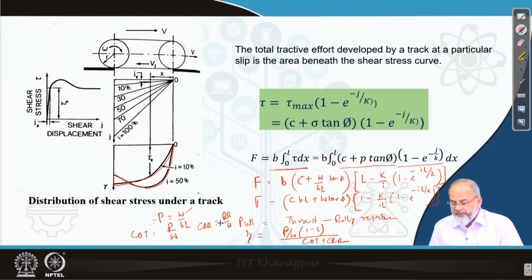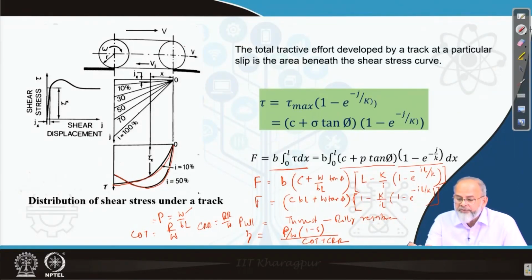Now, if you look at this equation, it is the length that controls the thrust force. If you have the same contact area, one having a higher length and lesser width, the other having a wider width and lesser length, then it is the length of the track which controls the thrust force. More the length, more will be the thrust force developed.